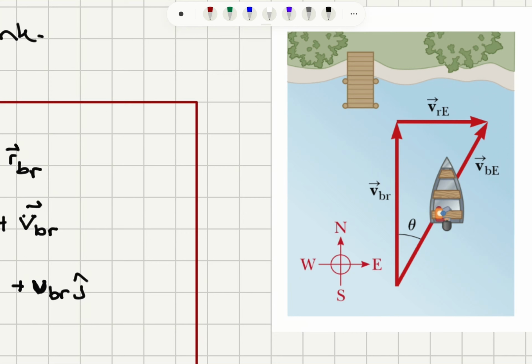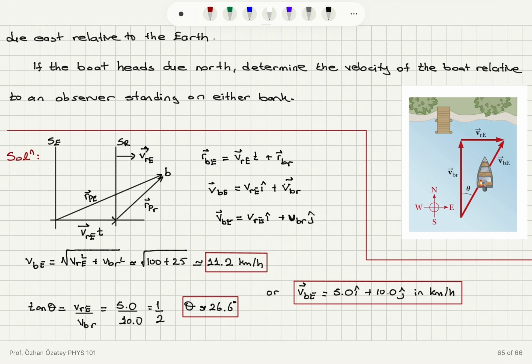So if the boat heads due north, because the water is moving to the right, then observer on this bank or on this side would report the boat is diverting from the north by an angle theta. It's moving to the other shore here if you are reporting from here, but it's not moving on a linear path, on a direct path towards this bank. It's actually moving away from it.